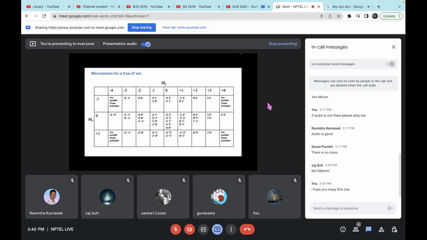So here you can simply do ML/MS, or vice versa. You can define your table by yourself. Here, to define the columns I am using ML, and to define the rows I am using MS. So for d2 we have ML going from plus 4 to minus 4 and MS from minus 1 to plus 1.